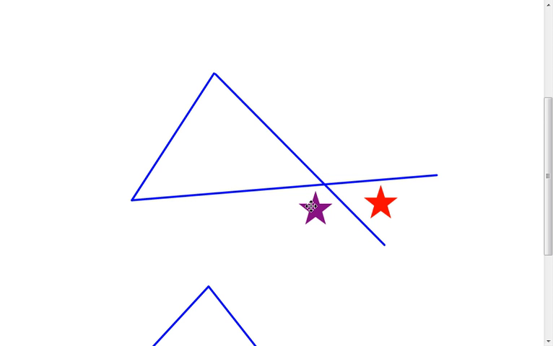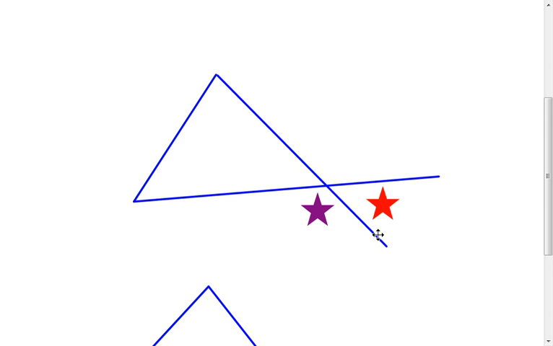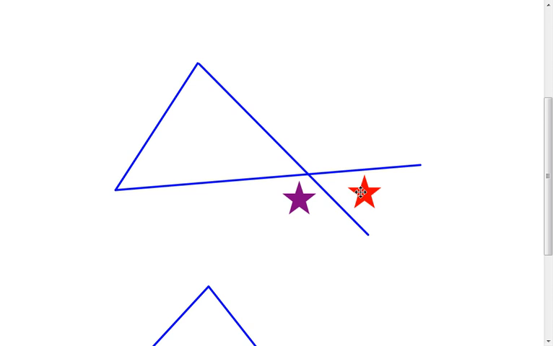But when I go to the purple star, notice here, side of the triangle, and then remember the other side is an extension of one side of the triangle. So I've extended this side starting here and it goes down. Therefore the purple starred angle is an exterior angle of the triangle. The red one is not.